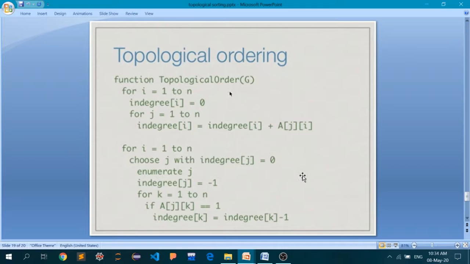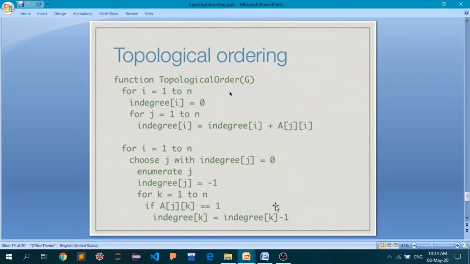We will not actually delete it from the graph, but I will assign an in-degree equal to -1 to this particular vertex, and this practically means that this vertex j has already been enumerated and removed from the problem. So this is what it signifies.